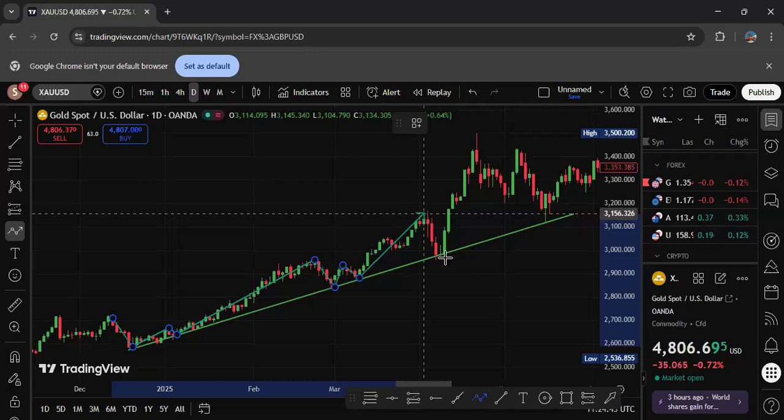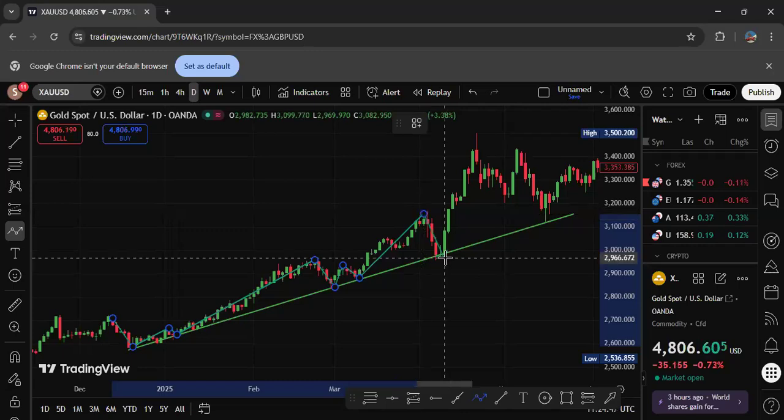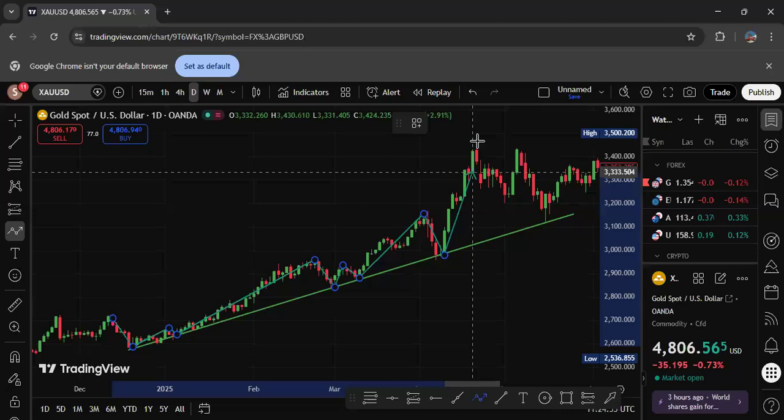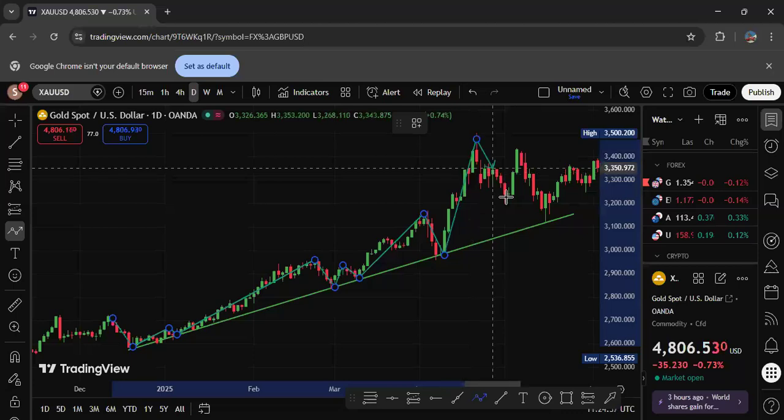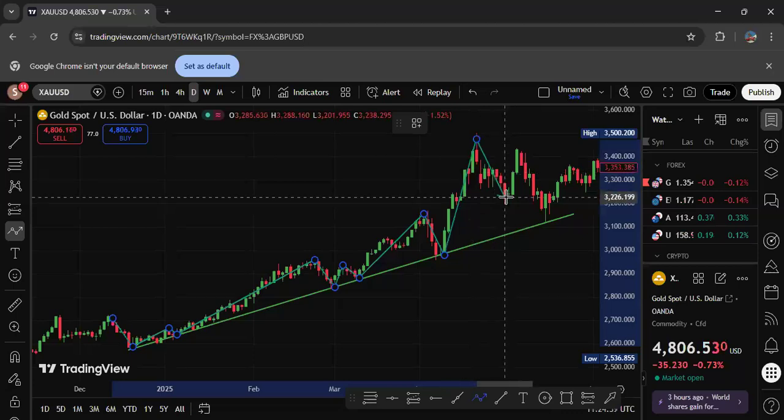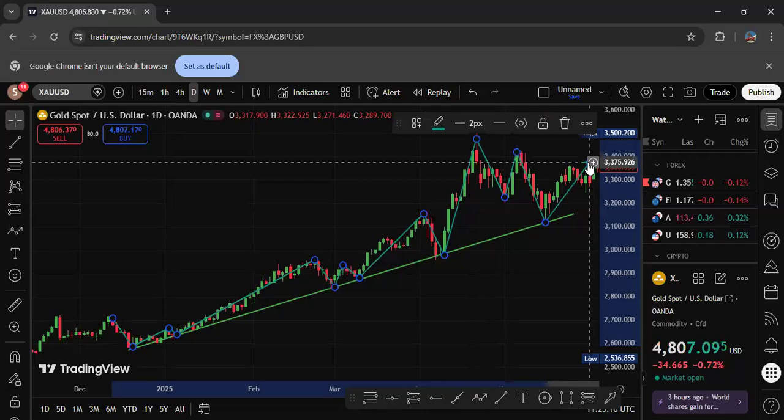Luckily for you, the price came back, then bounced off the trend line. Here you bought, and you make a lot of profit. Then the same thing happens again: it came up here, then came back again. You see the trend line, then bounce, boom, you bought again, then it's shooting up. So that's just an example of an uptrend.